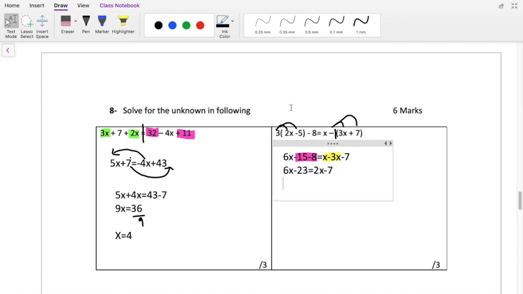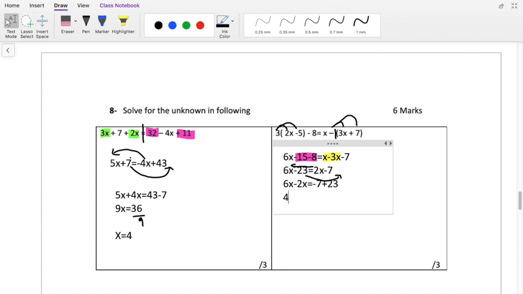So then I'm going to bring over, this biggest number is right here, so I'm going to bring this over and bring this one over to the side. So that is going to equal 6x minus 2x equals, negative 7 is already over there, so I'm going to put negative 7 there already, and then we're going to have negative 23 come over, so it's a negative on that side, so it's going to be plus 23.